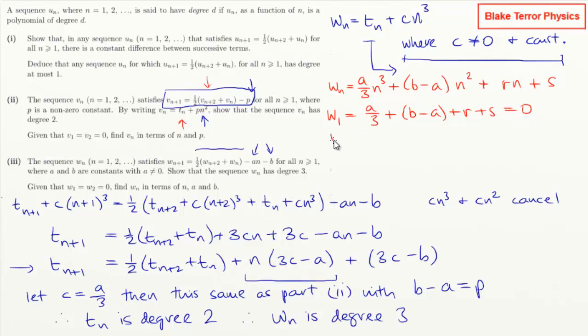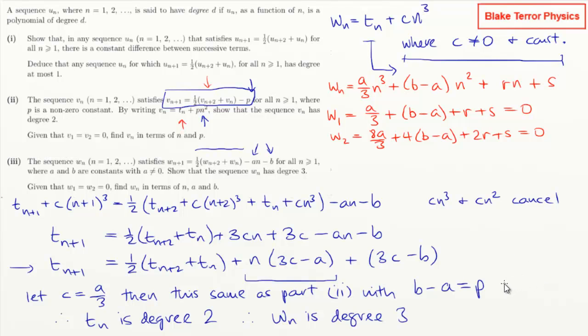Then I've got that W2 is 8A over 3 plus 4B minus A plus 2R plus S, and that is equal to 0. Right, so I can fiddle around with these, and I suppose I just have to solve these and get what R and S are.